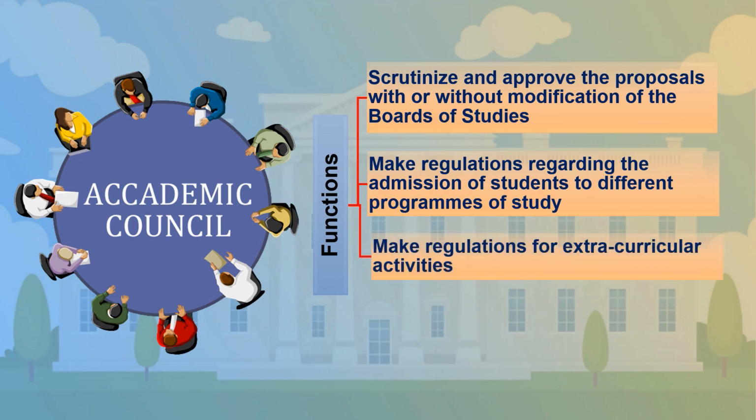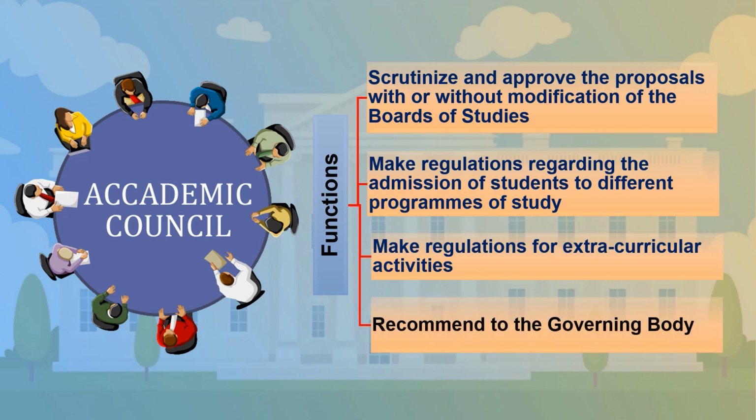Third one is make regulations for extracurricular activities, including proper maintenance and functioning of the playground, hostels, etc. Fourth one is recommend to the governing body proposals for institutions regarding new programs of study.